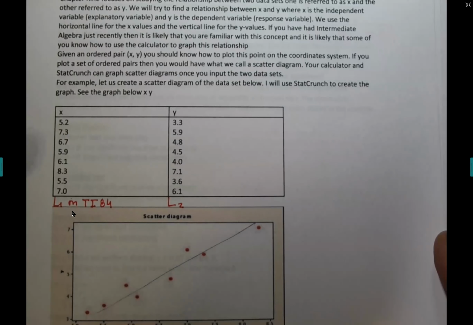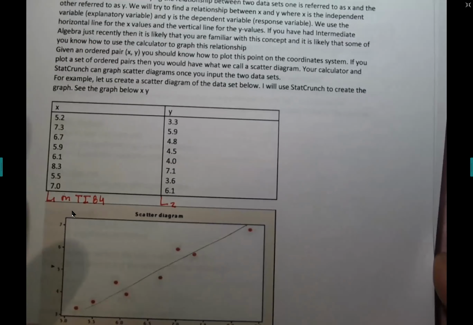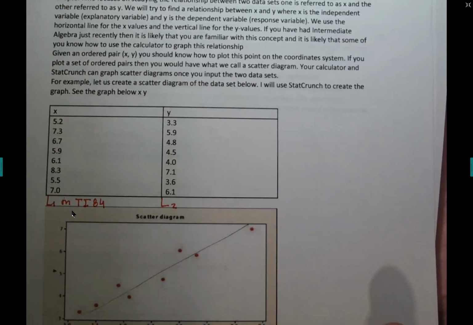And you learned how to find the equation of the regression line, y equals ax plus b, which we call y hat. And you learned if you are given an x value, how to find the y value by plugging in the x value. The last thing I wanted to do, guys, and then we will be done for today, is if you are given the y value, how would you find the x value?